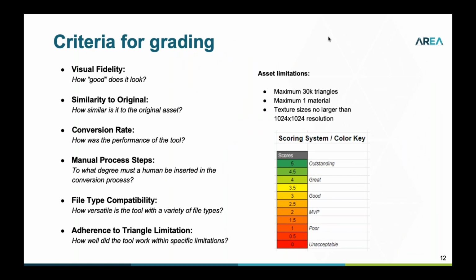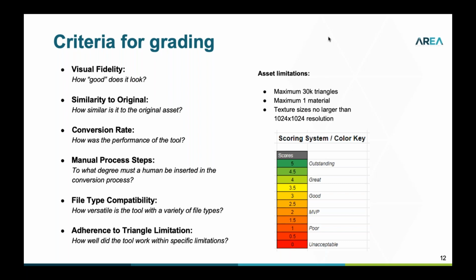So the grading here, this is my grading system for the assets and therefore for the tool chains themselves. Using these 6 sub-grading scores, I was able to derive an overall score, but essentially going from top to bottom, looking at visual fidelity, I'm just trying to see how good the model looks, which is actually different from how similar to the original the model looks.